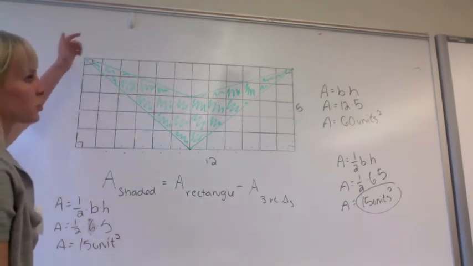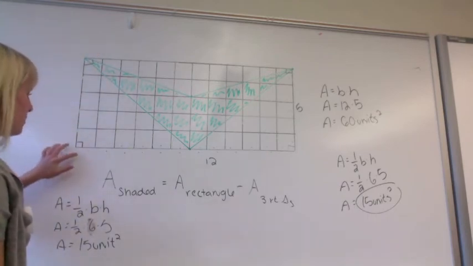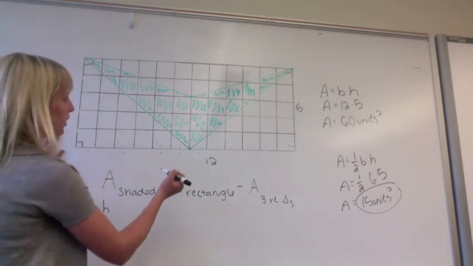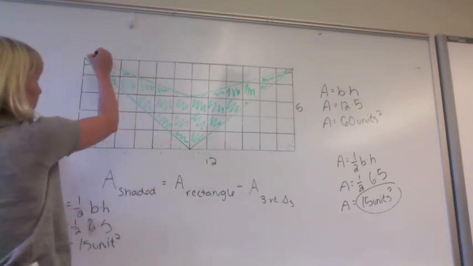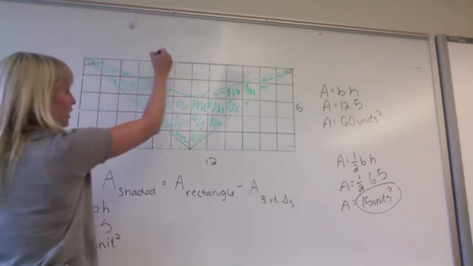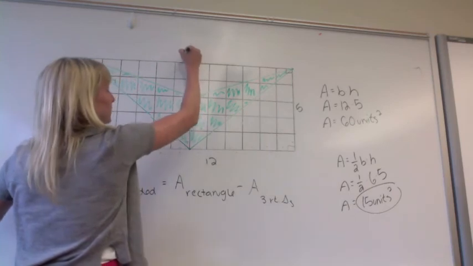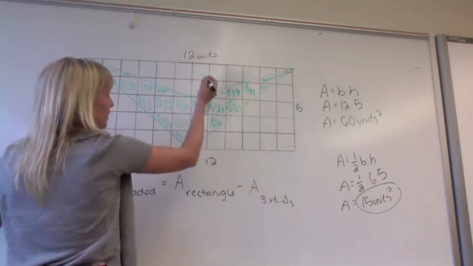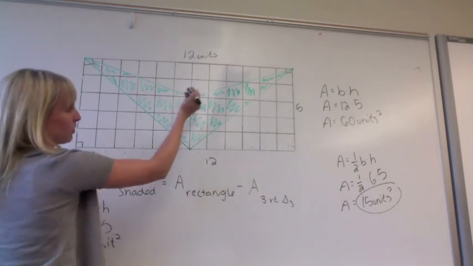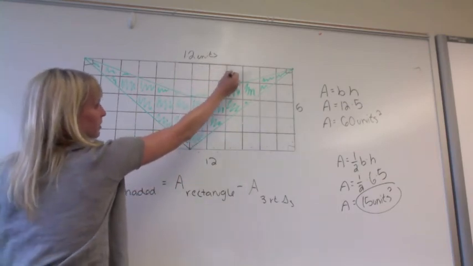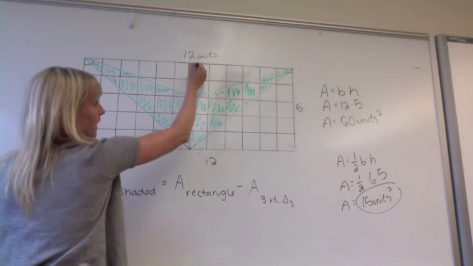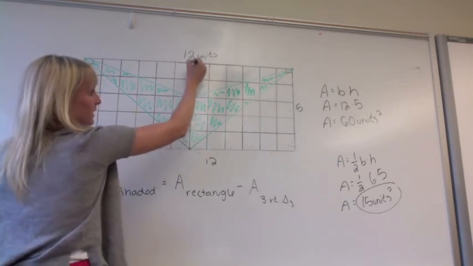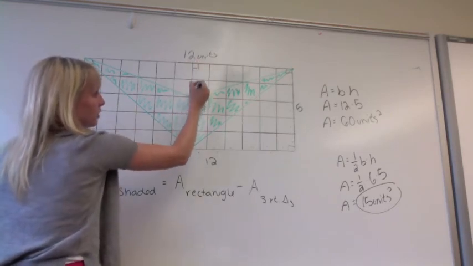Now this one's a little bit trickier because you don't have the luxury of it being in a corner. So we'll look at it a different way. If this is our base right here, we know that the base of this bigger triangle at the top is 12 units. And the height has to be perpendicular to that base. Well, all of these little squares are squares, so the corners have to be right angles, which means that the height would have to be 2 units.